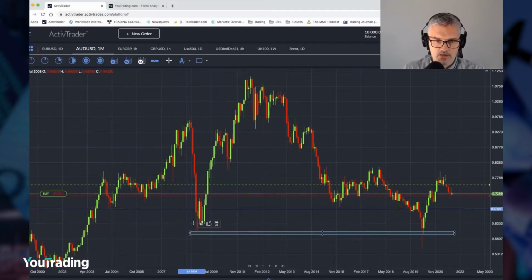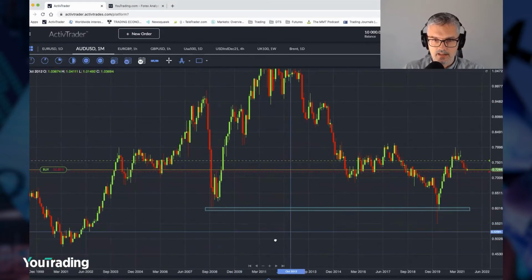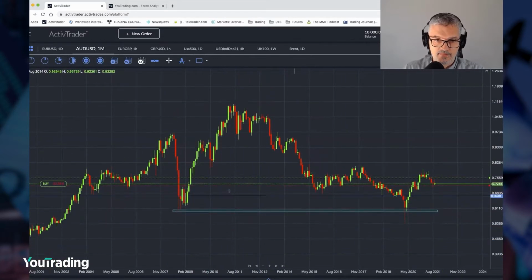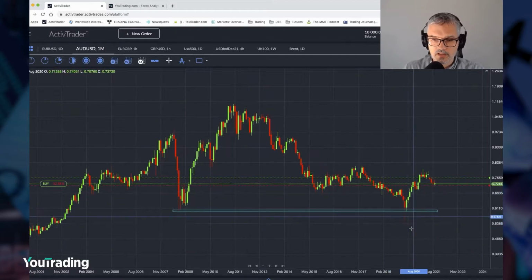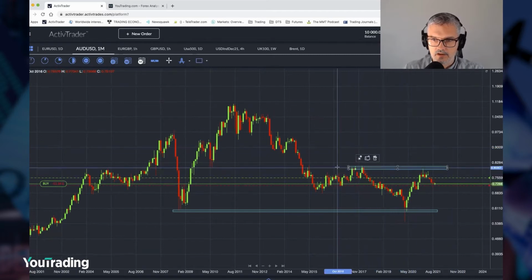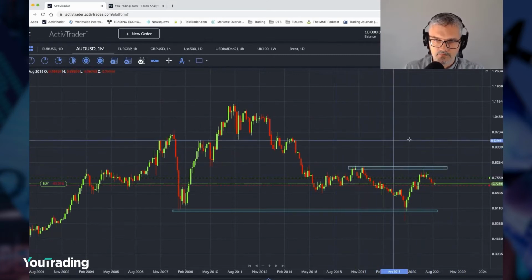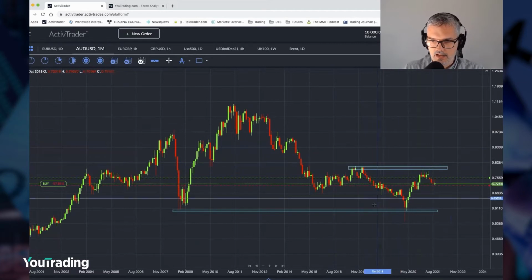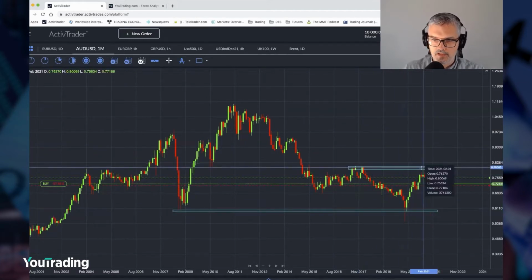Obviously took out the swing low here, but we basically swept those lows, got the liquidity that was down there from the top of this impulsive move, got the liquidity, and then rose up towards this level here at around 0.8. So the big figure, 0.8, and then we've got 0.6, so 2,000 pips.